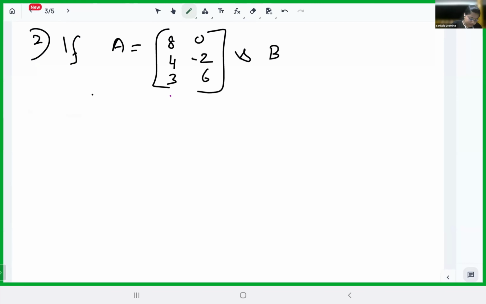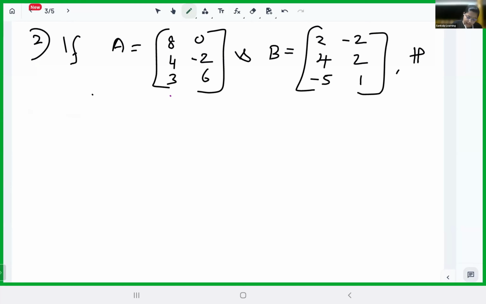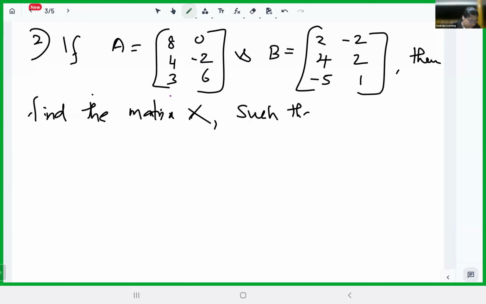And B is a matrix 2, minus 2, 4, 2, minus 5, 1. Then find the matrix X such that 2A plus 3X is equal to 5B.